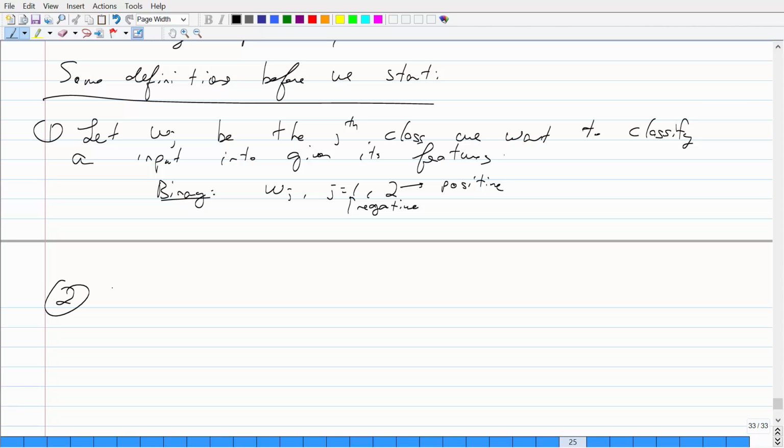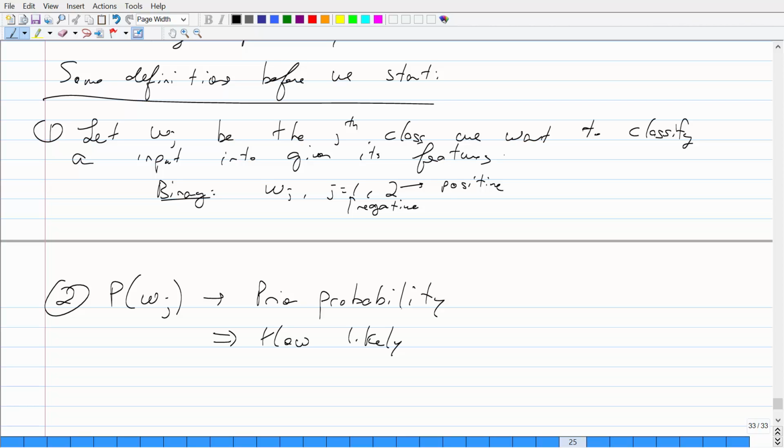The next definition is what's known as the prior probability. What this definition means is: how likely would you choose this class if you knew absolutely nothing about the system? If you had a bunch of input points and a new point that you haven't seen before, and given those input points you build a model, how likely would you take that new instance and put it into class J?